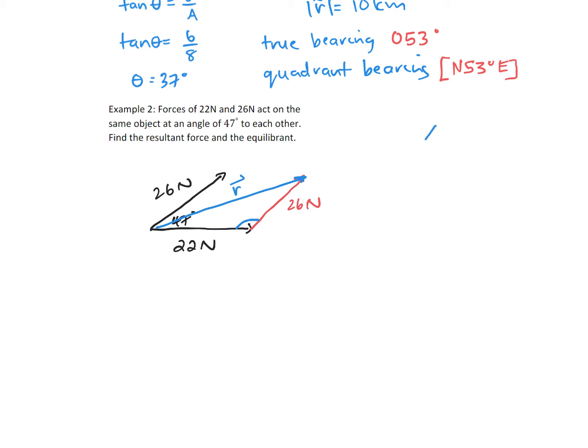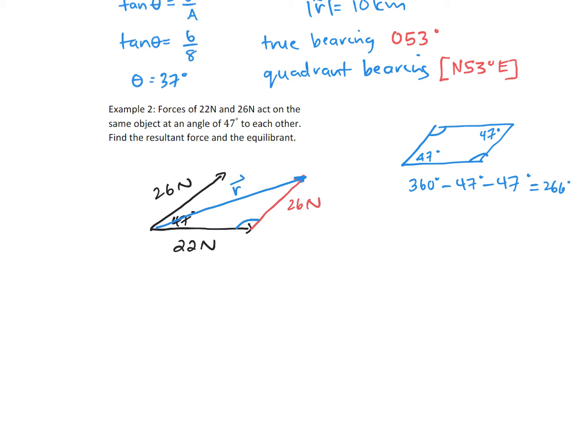If you think of a quadrilateral, and it is a parallelogram, if this is 47, then so is this. And this angle would be equal to this angle, so they would add up to 360. So I'm going to do 360 minus 47 twice, which works out to be 266.